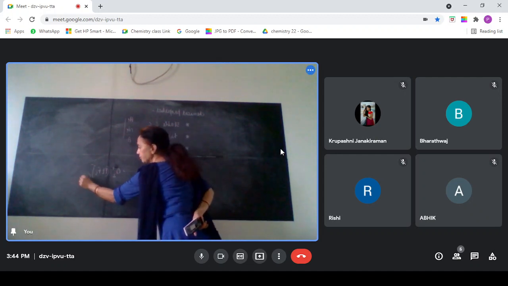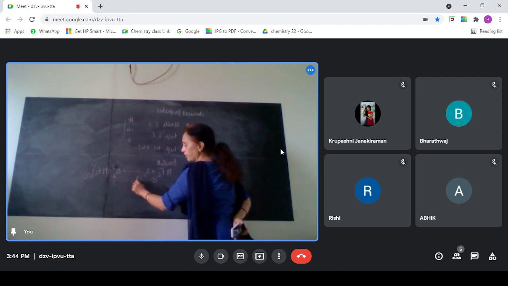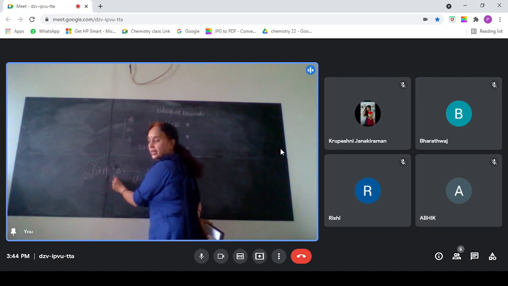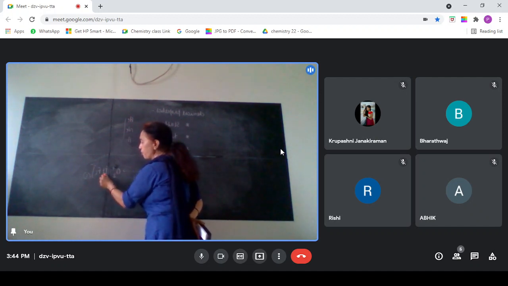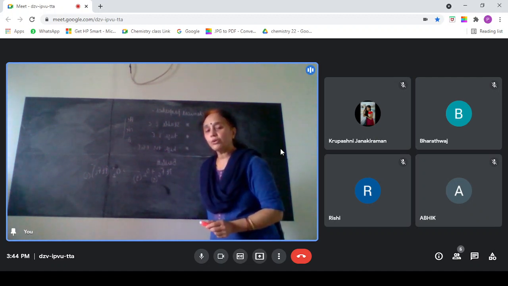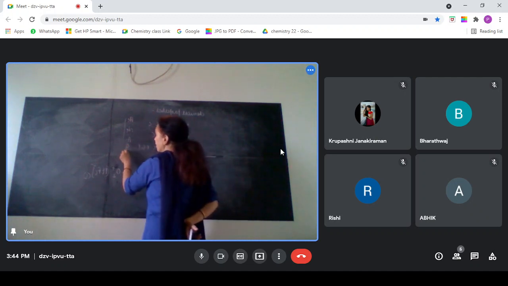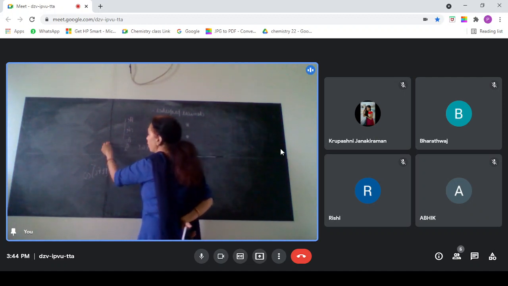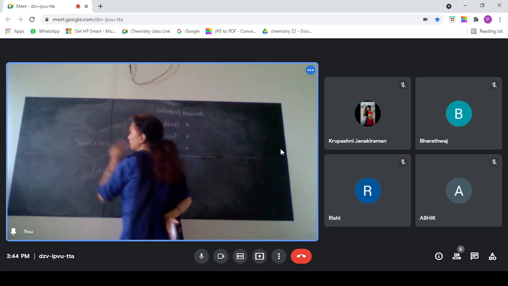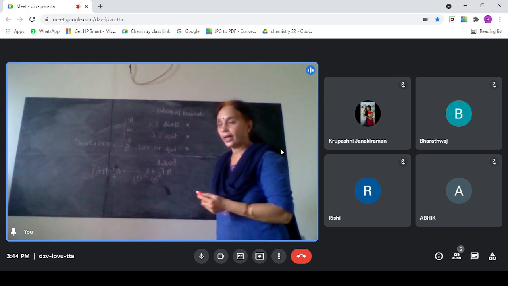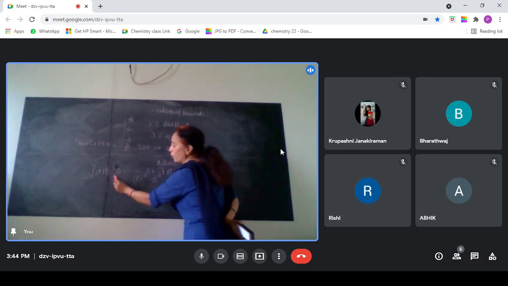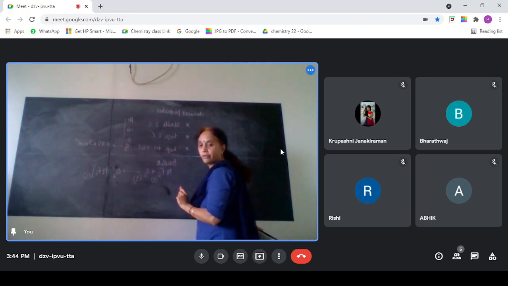Dioxygenyl hexafluoroplatinate(V) is a solid. These two are gases. It forms a crystalline solid, an ionic solid. So what he thought was, the ionization enthalpy of oxygen is 1175 kilojoule per mole, quite high, but he has oxidized oxygen to O2 plus, that is, he has removed one electron from O2.